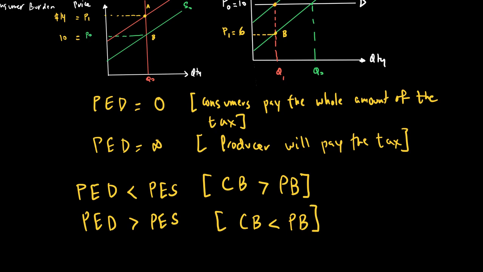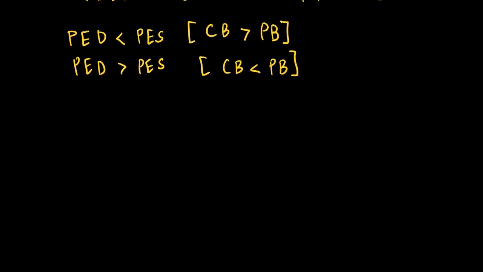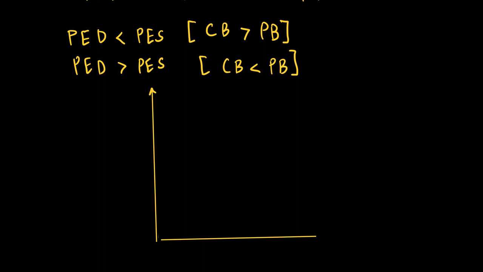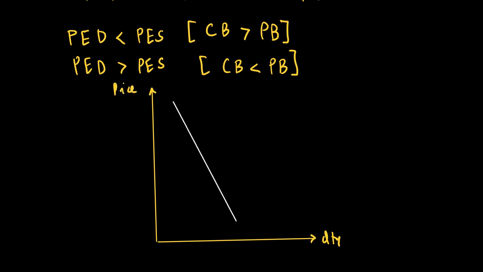Let's see a diagram here to show what we mean by this. Let's say I have a very inelastic demand but an elastic supply curve. And this comes up a lot in MCQs sometimes as well. They give you a diagram like this one and they ask you who pays or who has a higher burden of the tax. So if I make a diagram like this one, this is my quantity and price, where the demand curve is very inelastic, but supply curve is like this one, pretty elastic, and I ask you who pays the tax.